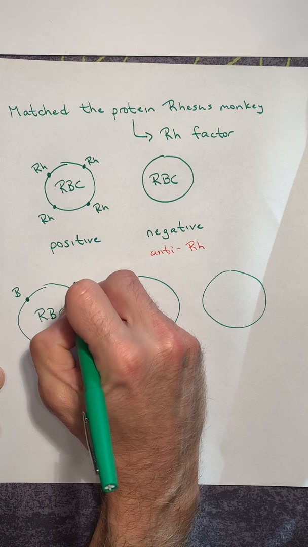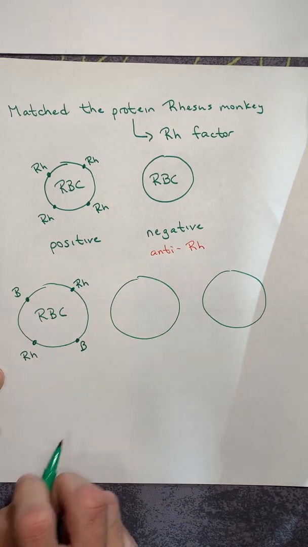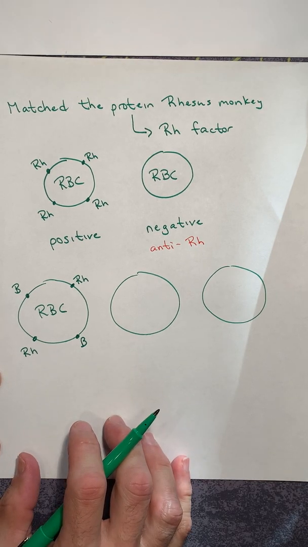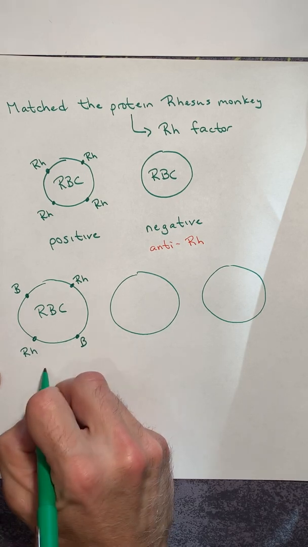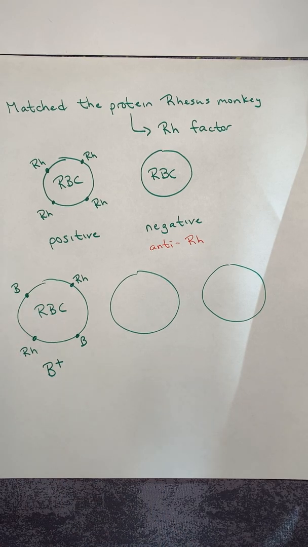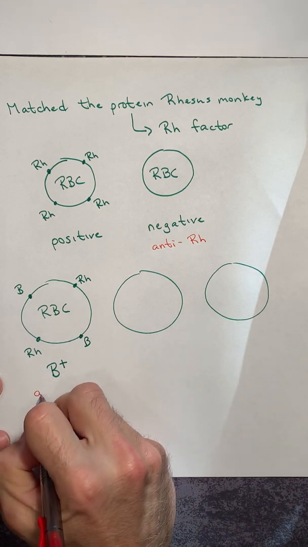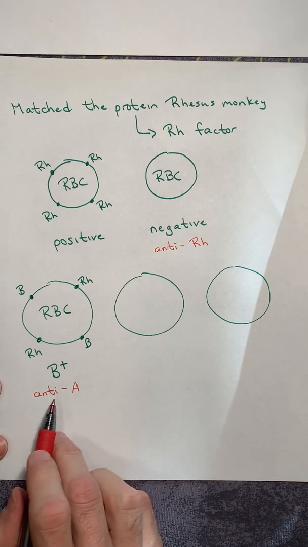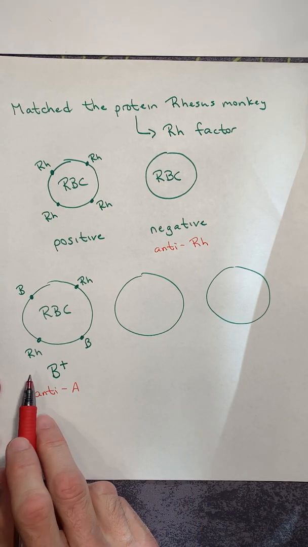Let's say that they express B and Rh. So put Rh and B like such. So what would this person's blood type be? Their blood type would be B positive. Get it? B positive? All right, so if they're B positive, then that means that they produce anti-A. They can't produce anti-B, they'd clot their own blood, and they can't produce anti-Rh because they would clot their own blood also.